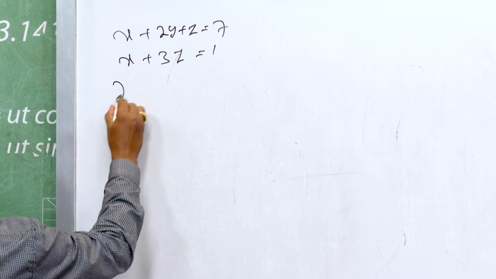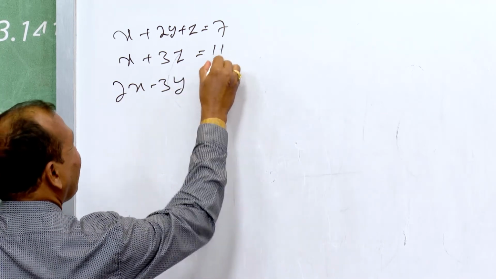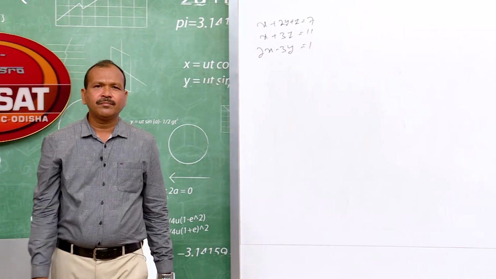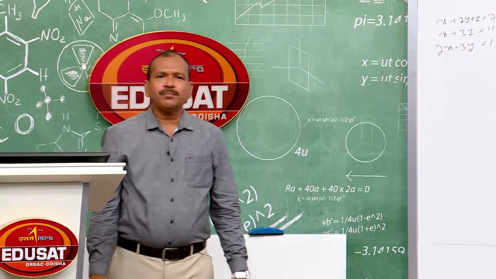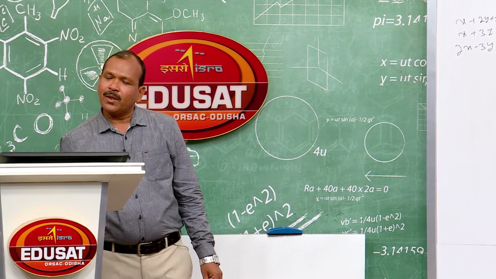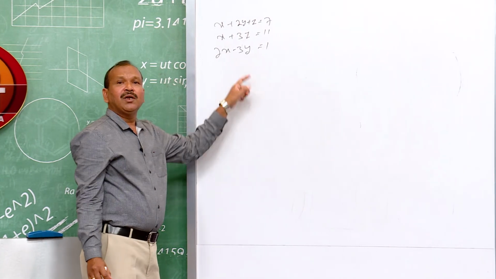Now we convert these equations into the Ax is equal to B form.